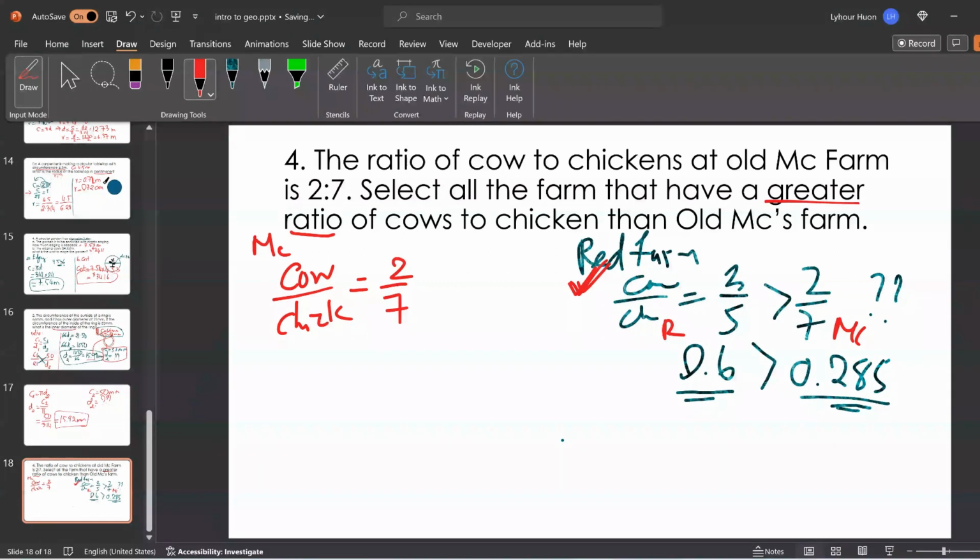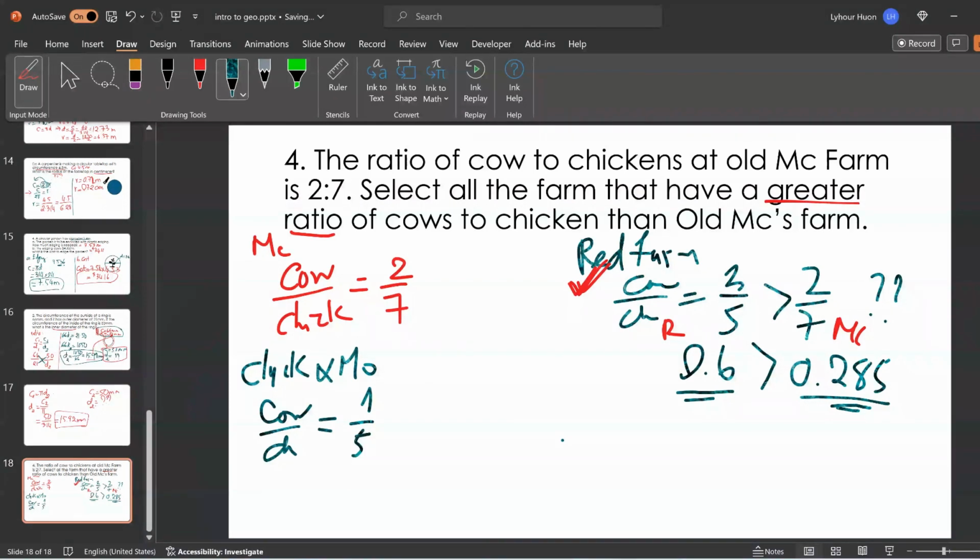Alright. Now, would it be Cluck and Moo Farm too? Since 1 divided by 5 is like 5. Okay, so now we check Cluck and Moo. The cow over the chickens is 1/5.